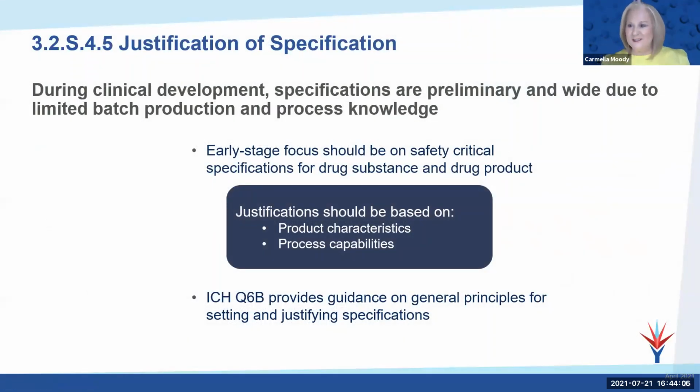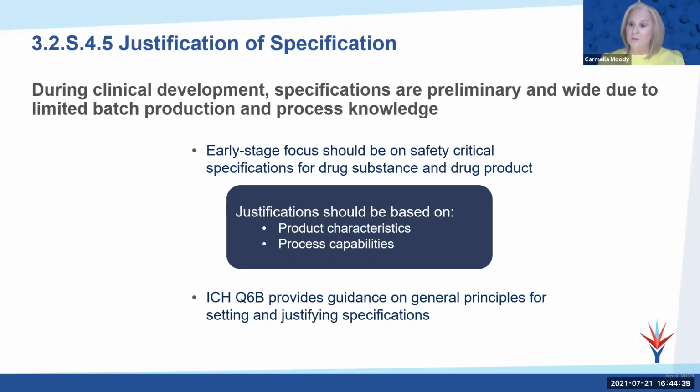Okay, this is the part, justification of specifications. Boy, I get lots of grumbling about justification of specifications, but basically, even at early phase, FDA, or regulatory agencies in general, expect you to be able to explain and justify why you're doing the testing that you're doing and why you're putting the ranges that you're putting on your manufacturing process.